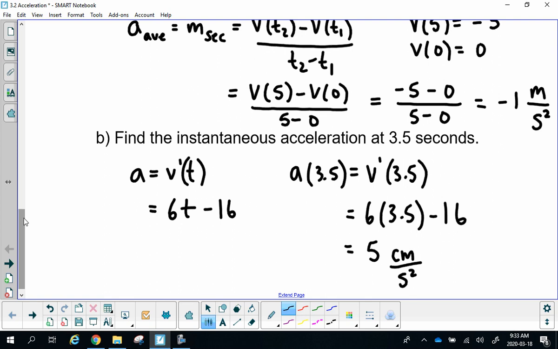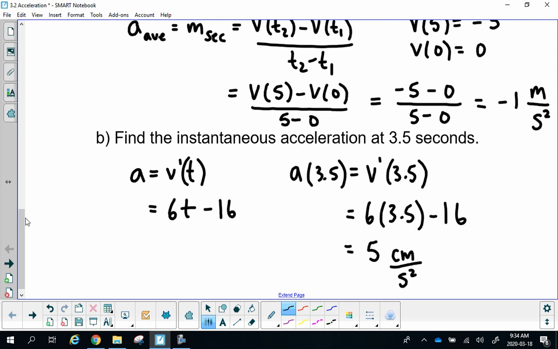And so that's the units for acceleration. Time is always going to be squared in that case. Okay. So whether it's minutes or seconds or hours, you're just going to square that number at the bottom because we're taking it in respect to time twice.